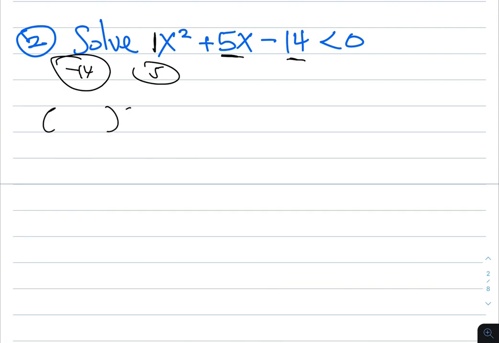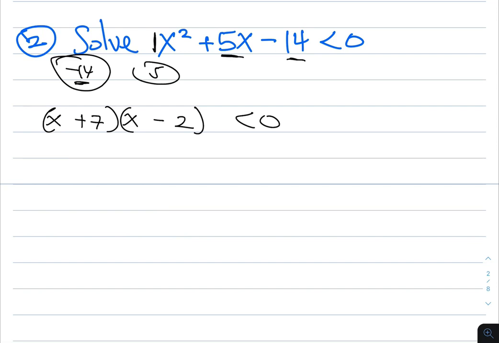Okay, so let's see this. Just open the two brackets. It's less than 0, right? This is x, that is x. So what numbers are you working with? You are working with 7 and then negative 2, because 7 times negative 2 will give you negative 14. If this is the case, then like I said, the x-intercept will mean that you equate them to 0.